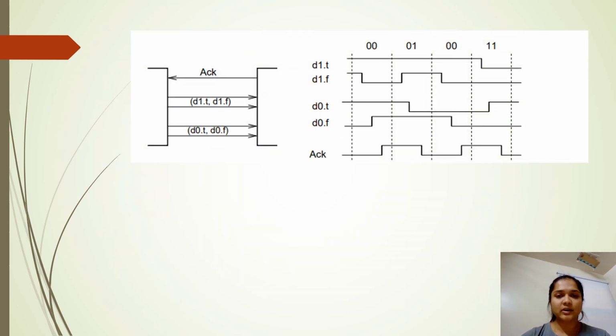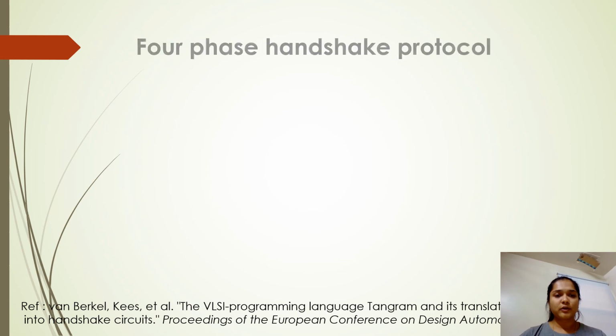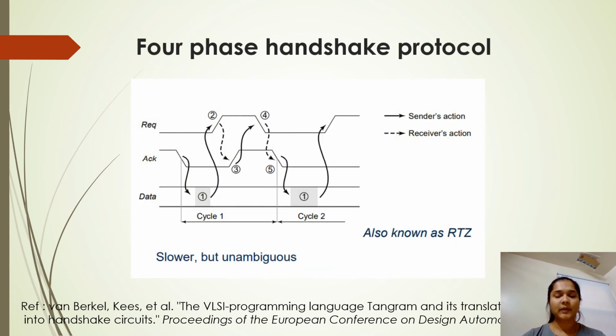The given figure illustrates a two-phase dual-rail channel. Furthermore, four-phase handshaking protocol. The diagram shows a timing diagram of four-phase handshaking protocol, and the constant line indicates sender action, and the dotted line indicates receiver's action.